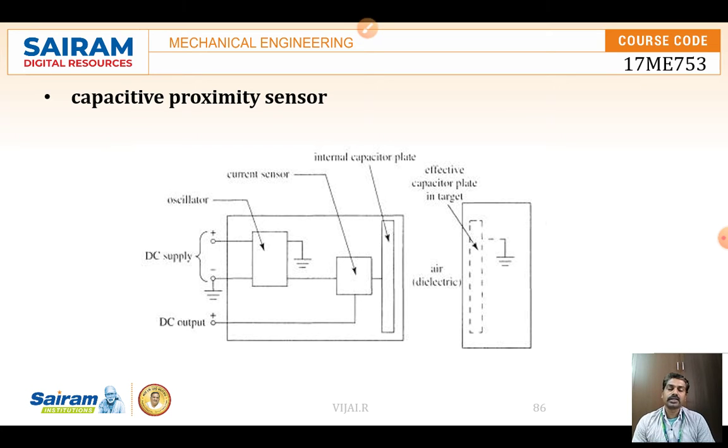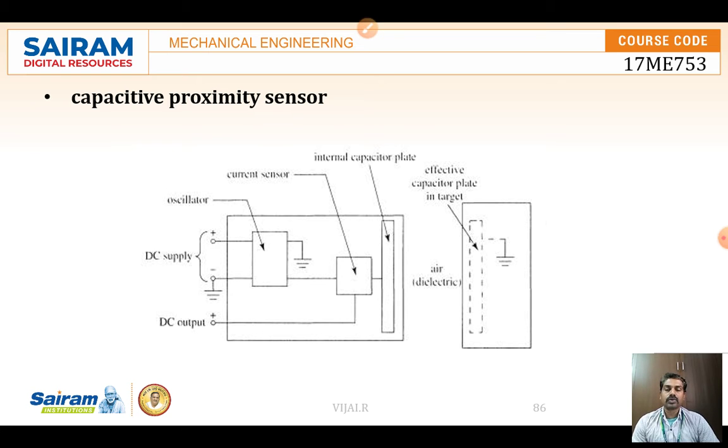Capacitive proximity is one plate of a capacitor. That's what we know, like two plates, cathode and anode, which are used for charging. Normally one plate will be in the system and another plate in the object, metal or non-metal, whatever it may be.